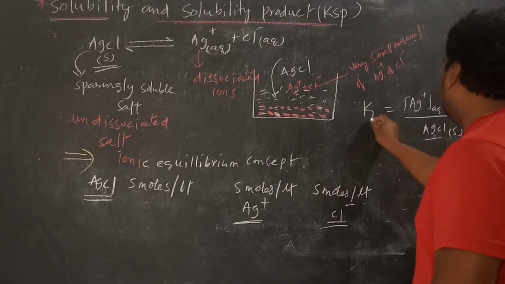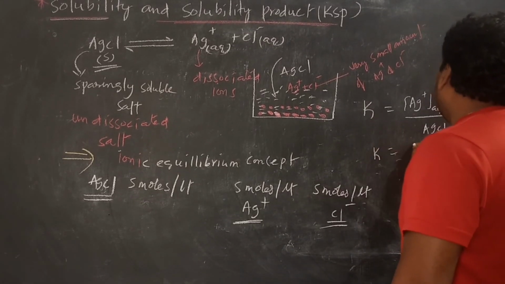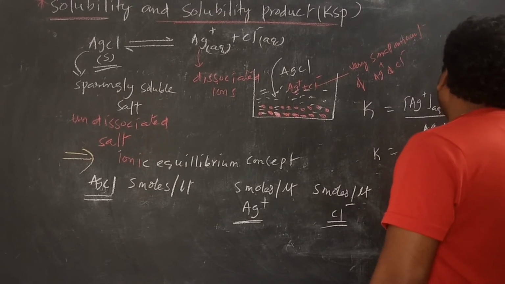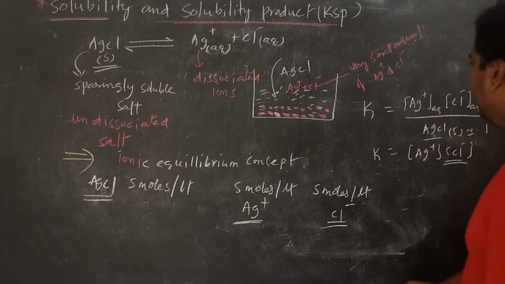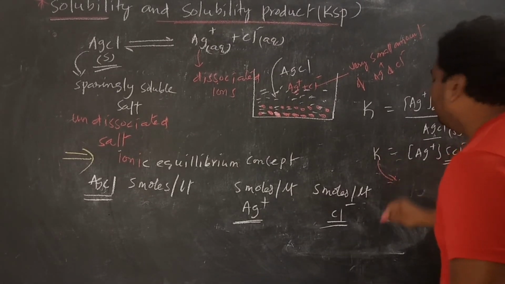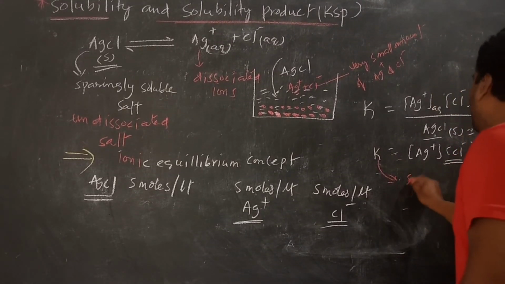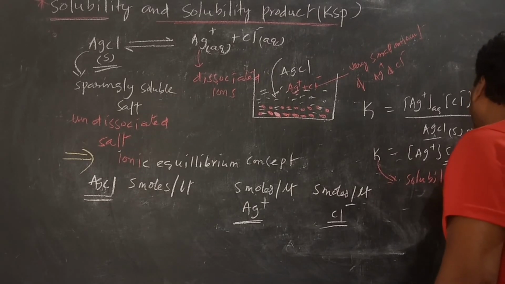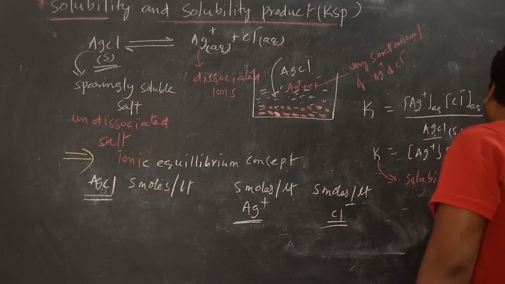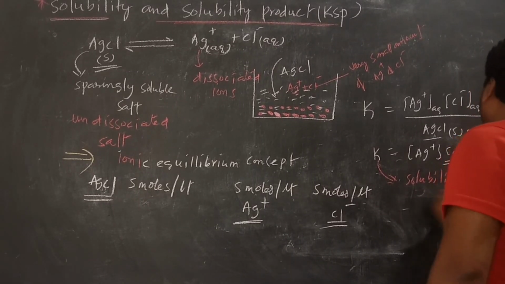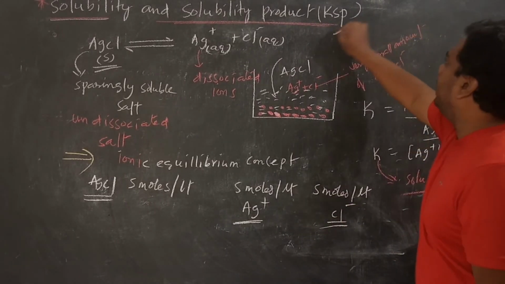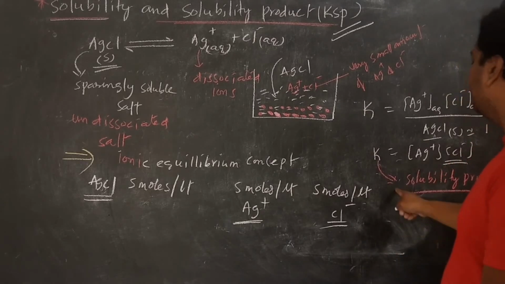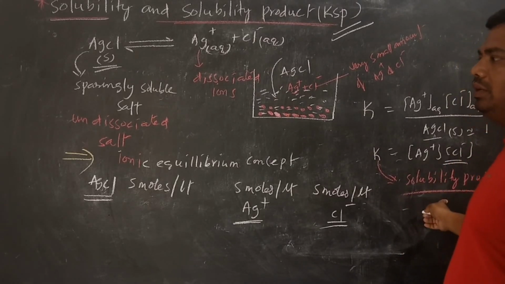Therefore here K is equal to Ag plus into Cl minus. This K we call the solubility product, which is represented as KSP. That is the solubility product.